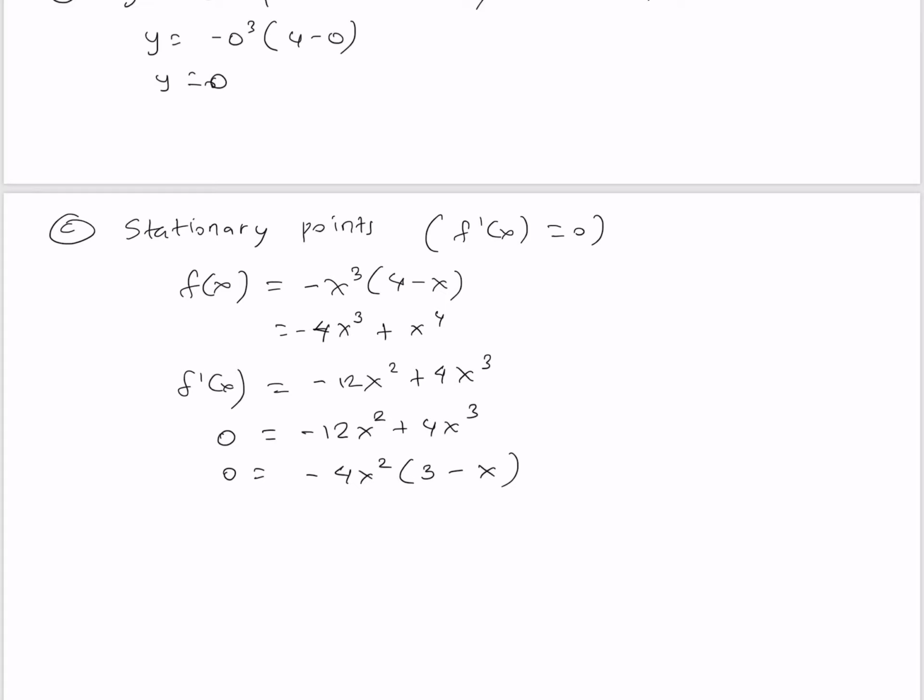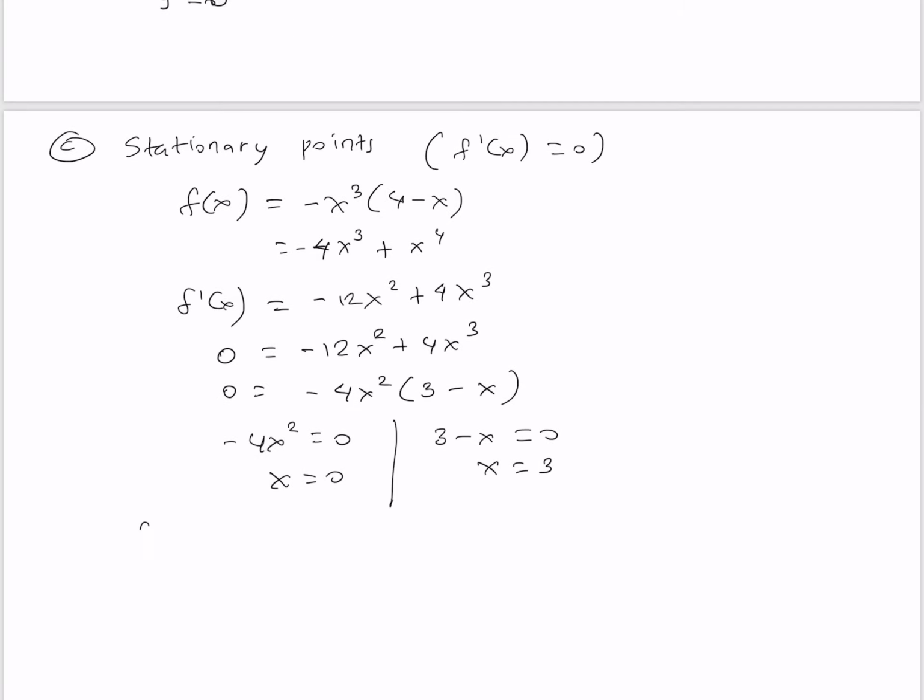So for our stationary points, you have 2. Negative 4x squared is equal to 0, so x is equal to 0. The other one is 3 minus x is equal to 0, so x is equal to 3. We know our x values, so we can find the value of y. For f(0), using the original function, negative 0 cubed times (4 minus 0), our y is 0.